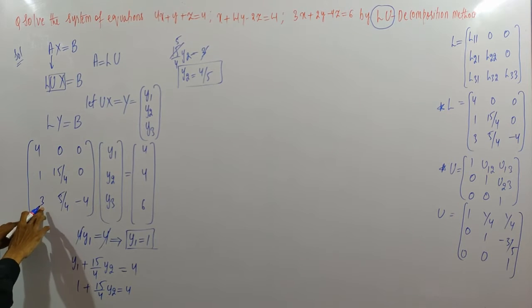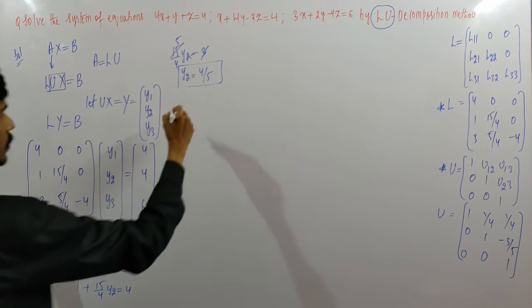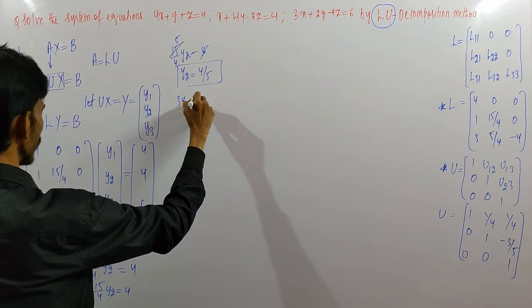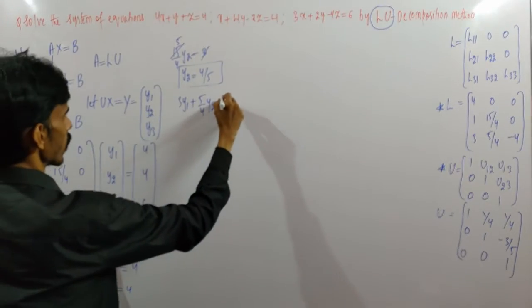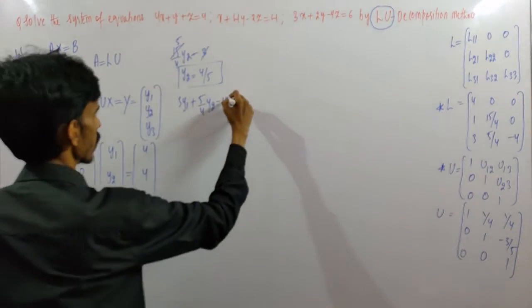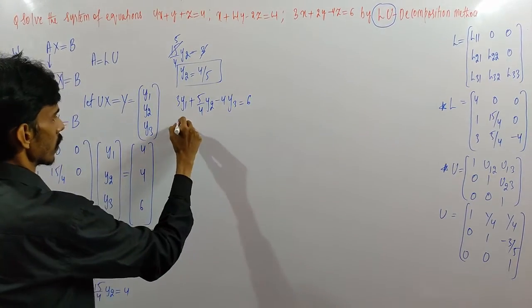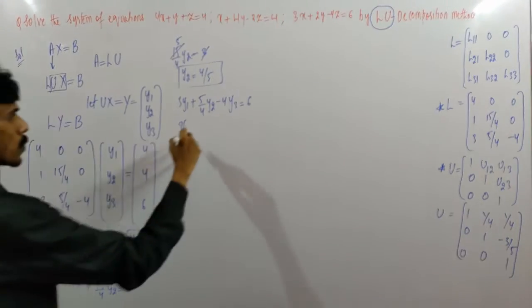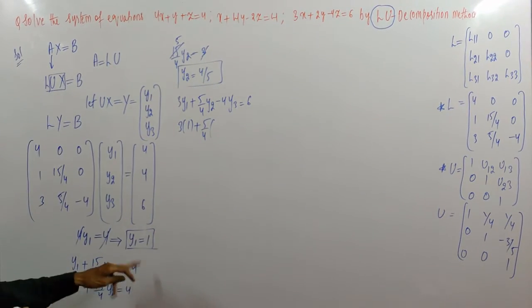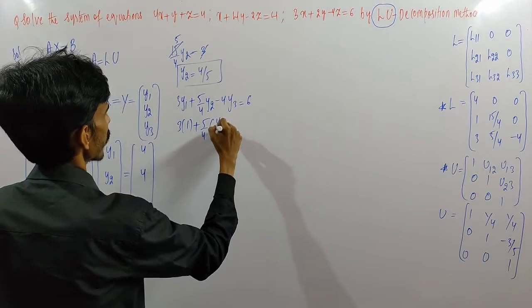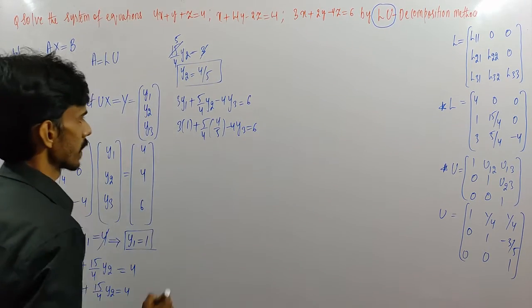Now 3y1 plus 5 by 4 y2 minus 4y3 equals 6. 3 into the y1 value, which is 1, plus 5 by 4 into the y2 value, 4 by 5, minus 4y3 equals 6.